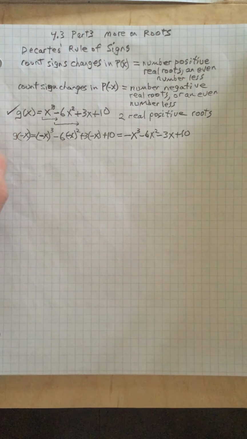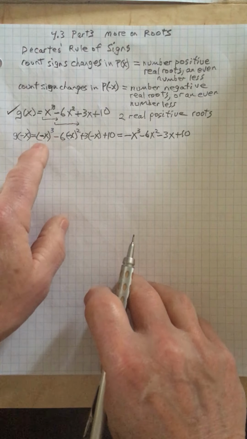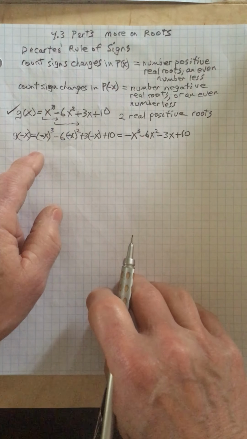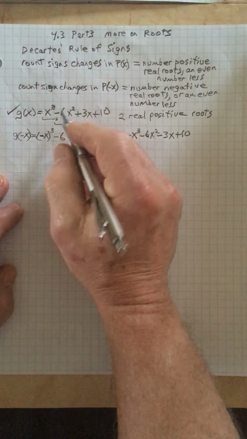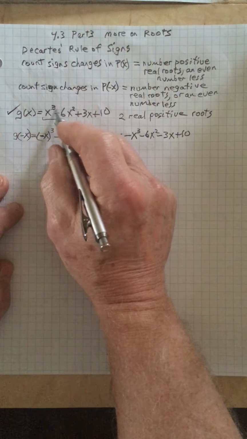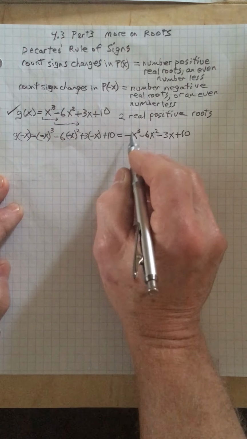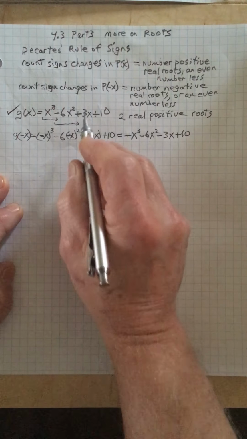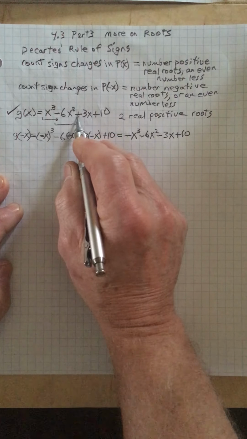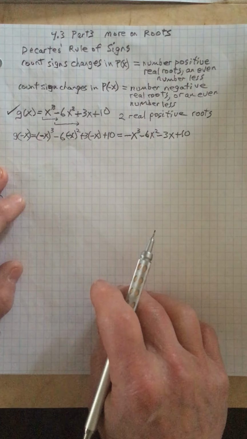One thing you can notice with this rule: when you substitute a negative x into a function, everything's going to stay the same except where the degrees are odd. If you have an odd degree, you're going to have a sign change. Even degree, no sign change. Odd degree, 1, we have a sign change. So that should make it easy.